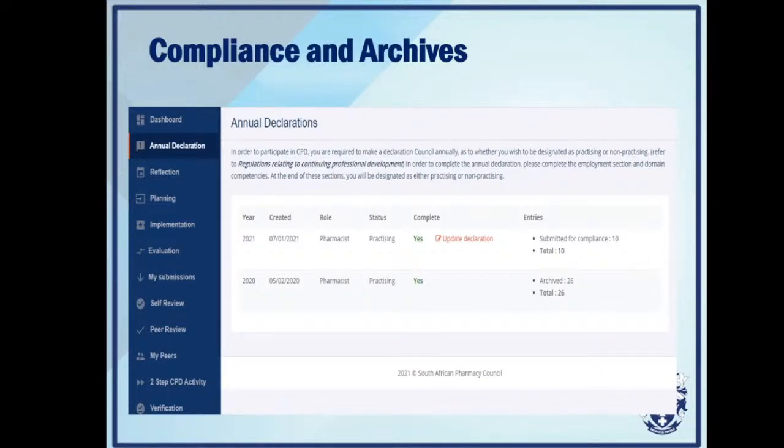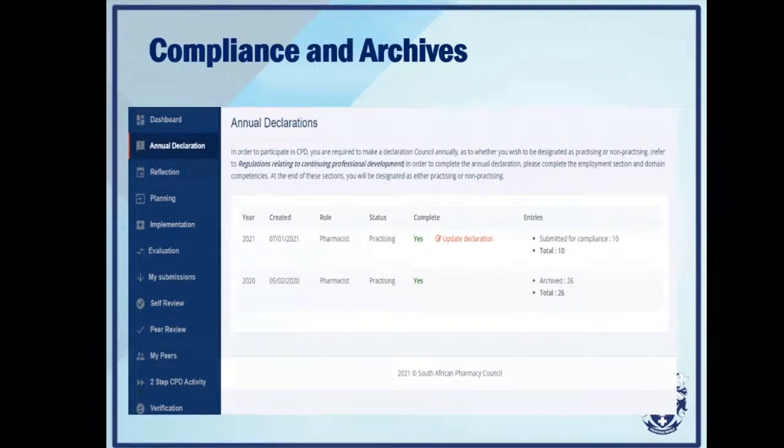In order to avoid confusion, for persons who were already compliant with their CPD requirements by the 31st of December 2020, we have archived all your CPD activities that you had entered, to create way for the CPD activities that you are going to enter for 2021.